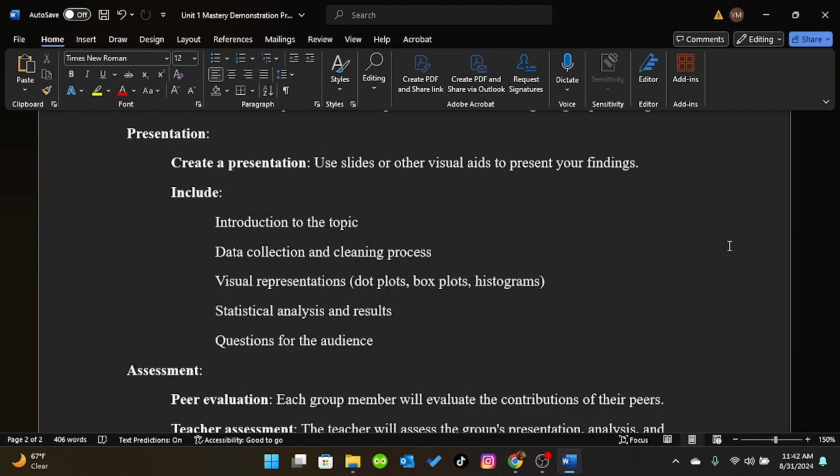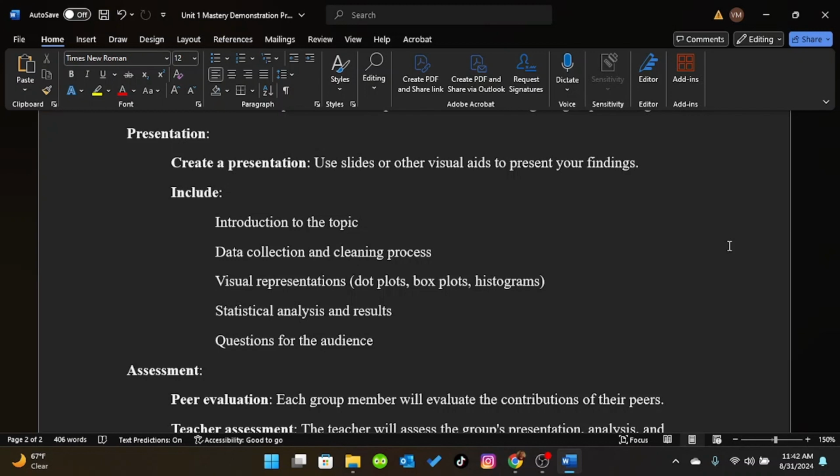But in your presentation, you need to introduce the topic. You need to talk about your data collection and cleaning process. Explain how you got the data, how you organized it. You need to go through your visual representations.